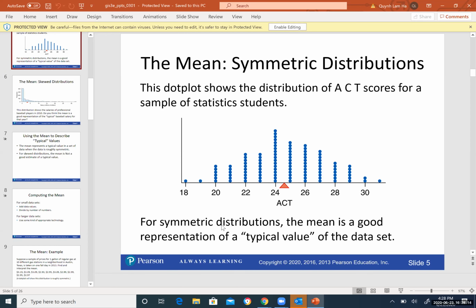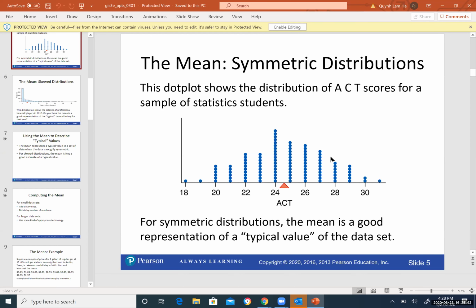For symmetric distributions, the mean is a good representation of the typical value of the data. Look here, see the red triangle? It represents the typical value of this data set. When you draw it, it's roughly symmetric.